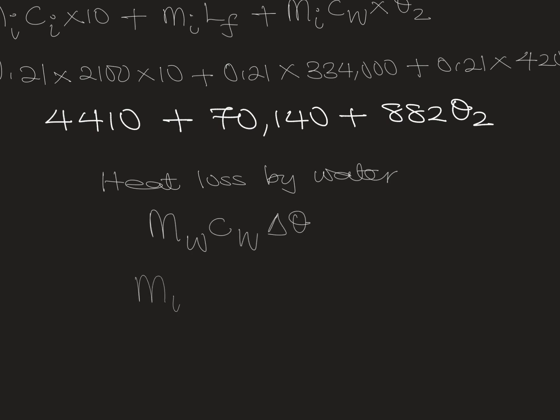The change in temperature will be the higher temperature minus the lower temperature. The higher temperature is 77, minus the lower temperature, theta 2. So remember, whenever an object is losing heat, the change in temperature will be the initial temperature minus the final temperature.